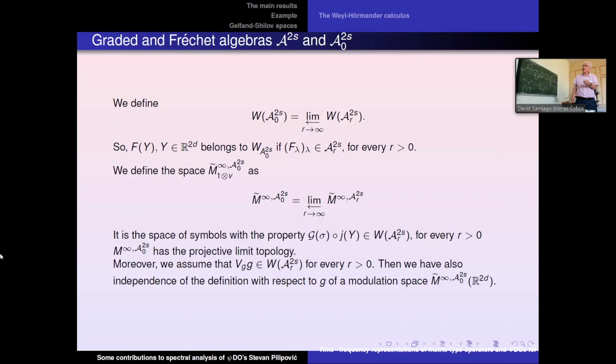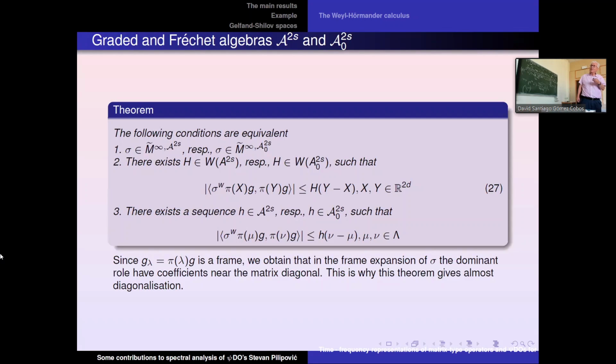What does it mean that f of y is in that Wiener amalgam space? And so let me skip this explanation once again. And so this is the result. This is the result which was later generalized, and this is somehow for people after 2010 interesting, as I told, Gröchenig, Cordero, Rodino, Nicola, all these people.